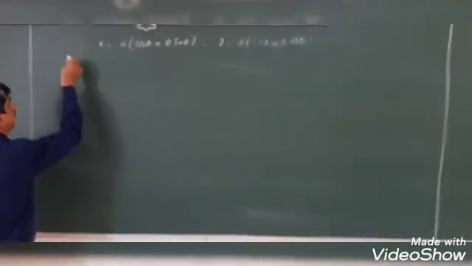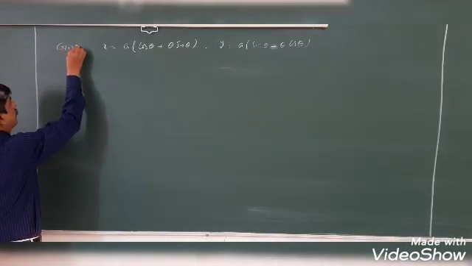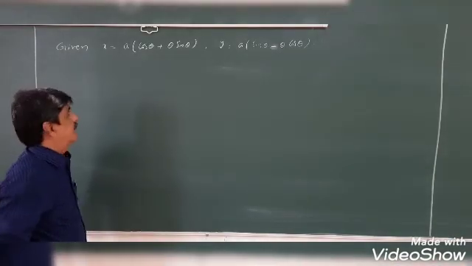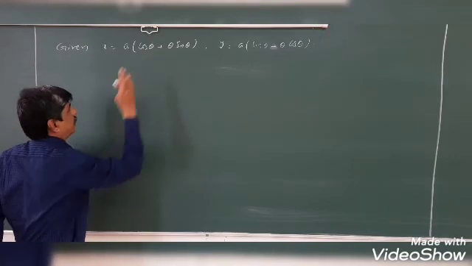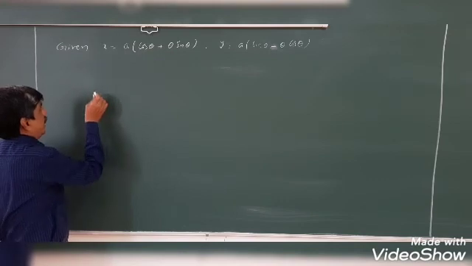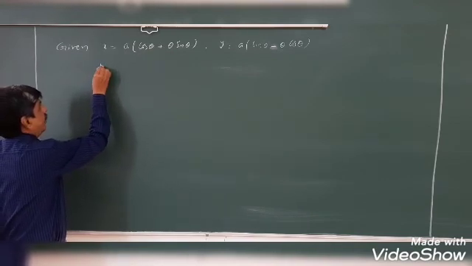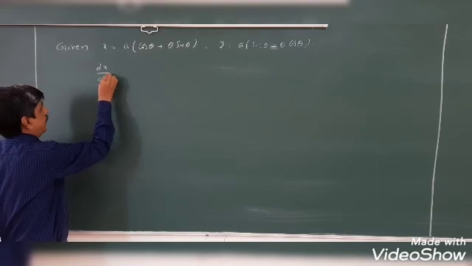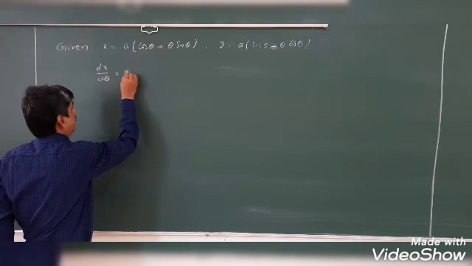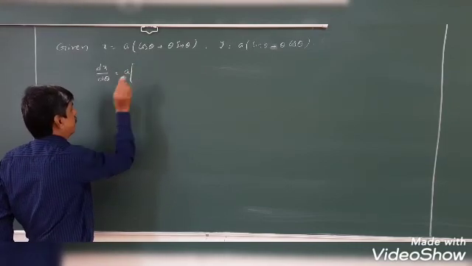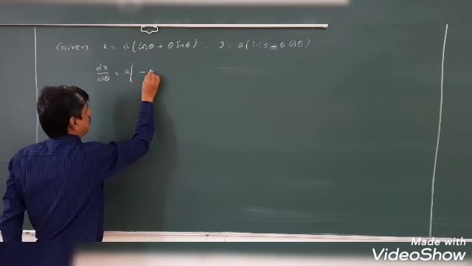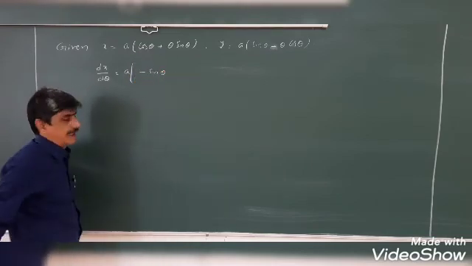Given x is equal to a into cos theta plus theta sin theta. Differentiate with respect to theta on both sides. So d by d theta of x, we will write it as dx by d theta, is equal to a, a is a constant coefficient, keep it same, a into d by d theta of cos theta is minus sin theta.